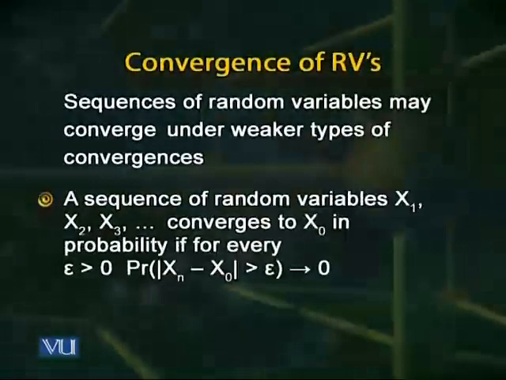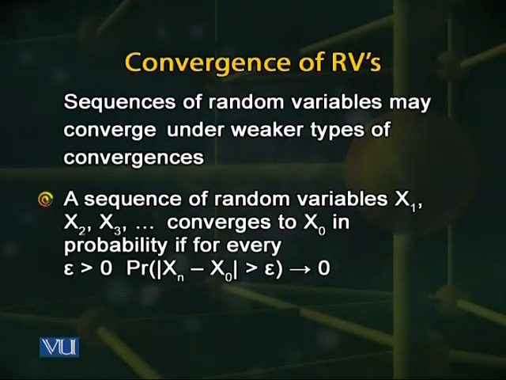The next type of convergence of random variables is called convergence in probability. We have a collection of random variables x1, x2, x3, and there is a destination random variable x0.